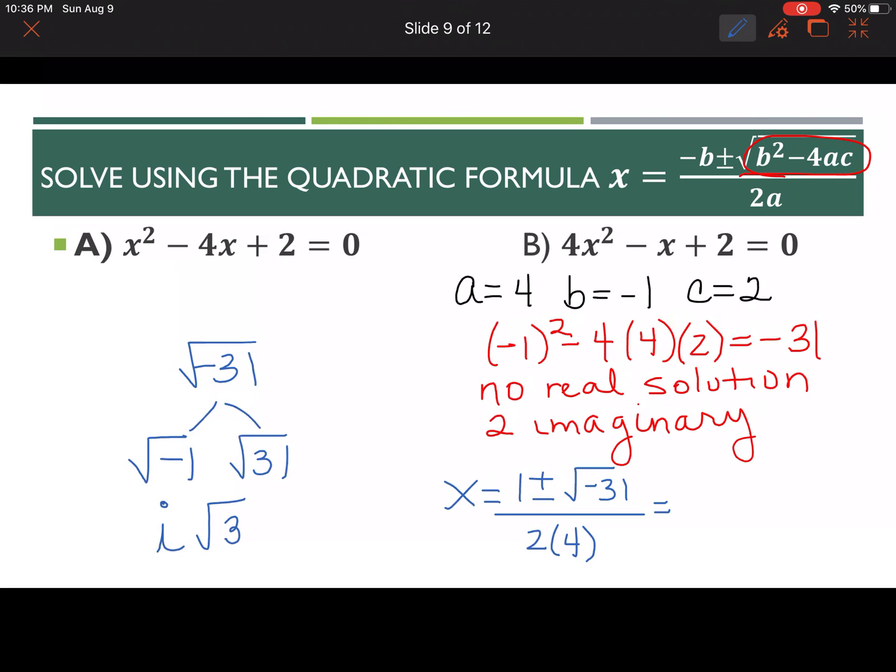We're going to talk about that a lot more in Appendix 7. But for now, just know that the square root of negative 31 is equal to i root 31. So our final answer, I'm going to write that in green, will be 1 plus or minus i square root of 31 all over 8.